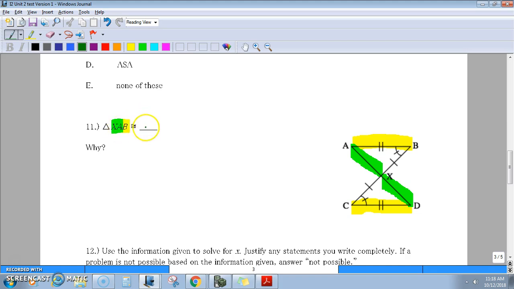So XA is going to be the same as XD, so it's got to be congruent to XDC, right? So one triangle is XAB, and the other triangle is XDC. Oh, I forgot my little triangle.